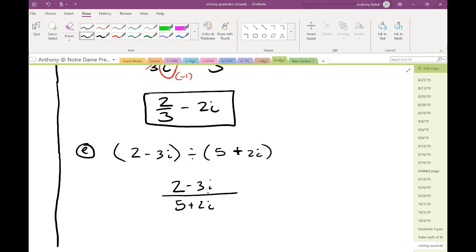Now, what I'm going to do here, again, I want to accomplish the same goal, where my issue is I have this i in the denominator that I need to take care of. And I'm going to do a similar trick where I'm going to multiply the top and bottom of this fraction by something to get rid of the i in my denominator. What do you think that something's going to be in this case?